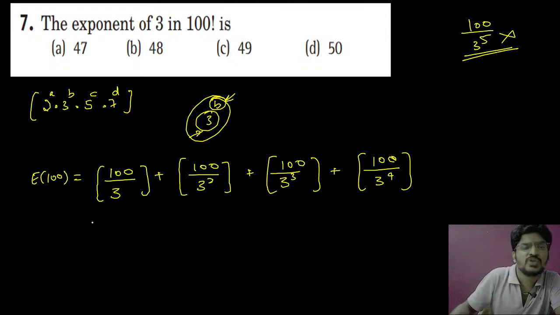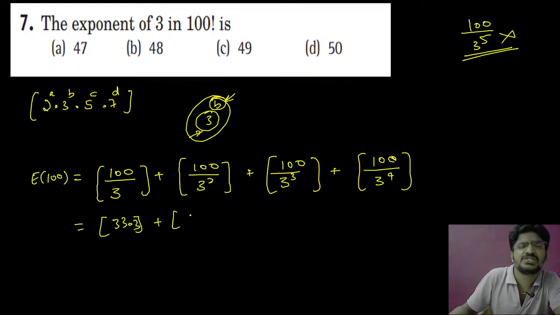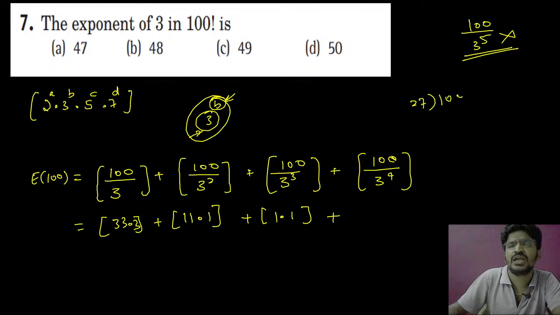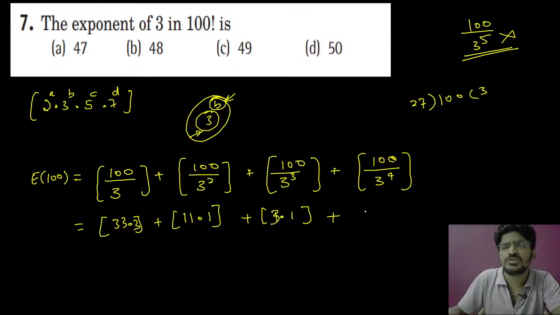Clear? So now you can just see here greatest integer of 33.3 plus greatest integer of 11 point something, plus 100 divided by 27 means 3 point something, and 100 divided by 81 means 1 point something.